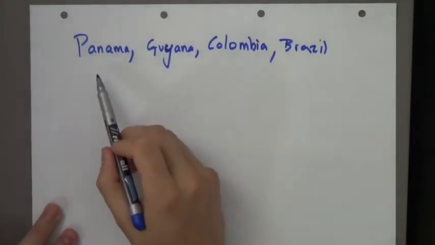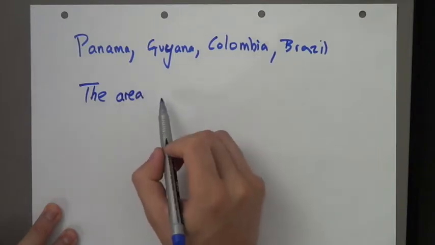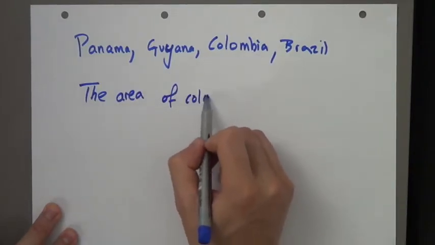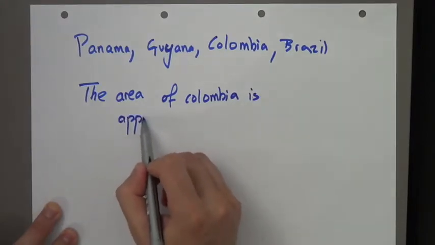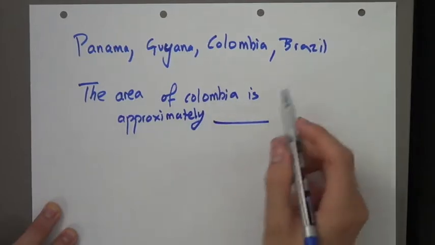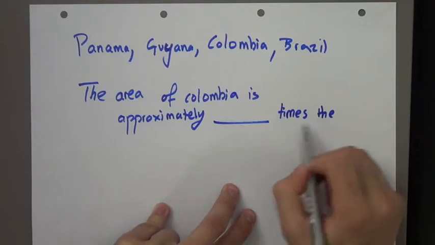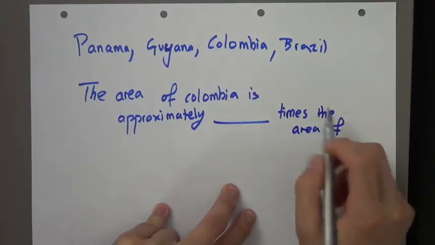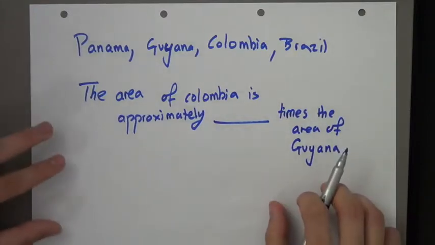Okay. Use a whole number to complete the statement in the answer space. It says the area of Colombia is approximately, blank times the area of Guyana. So let me just write down.